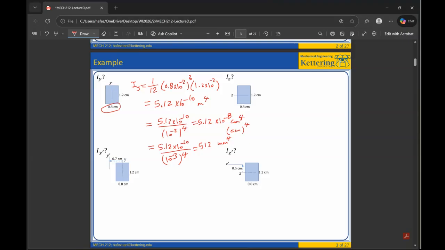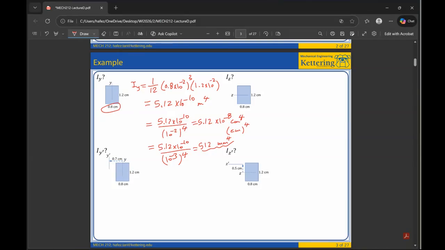So by converting this to millimeter to the fourth, you're able to easily communicate this to other people. So be mindful of it. Again, who is saying what depends on the unit that person uses. Different tables, different standards that you see in engineering, all should have units defined there. So be mindful of it.